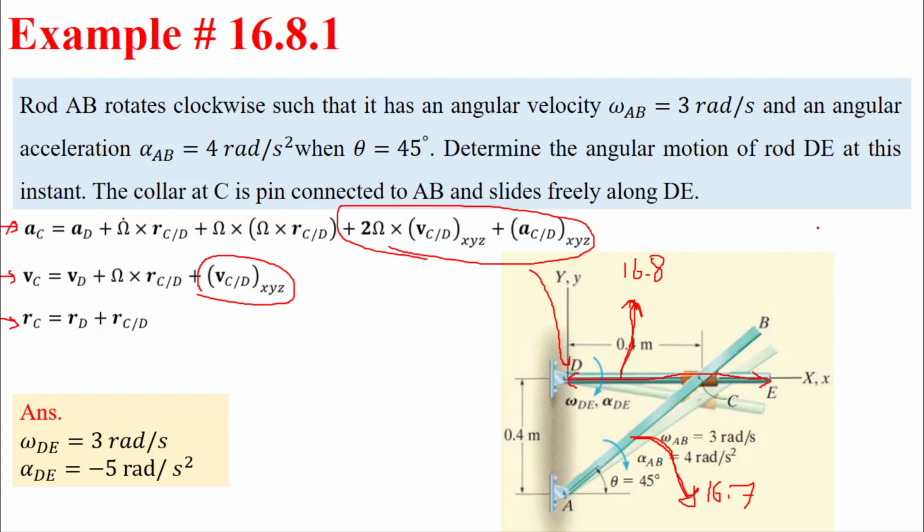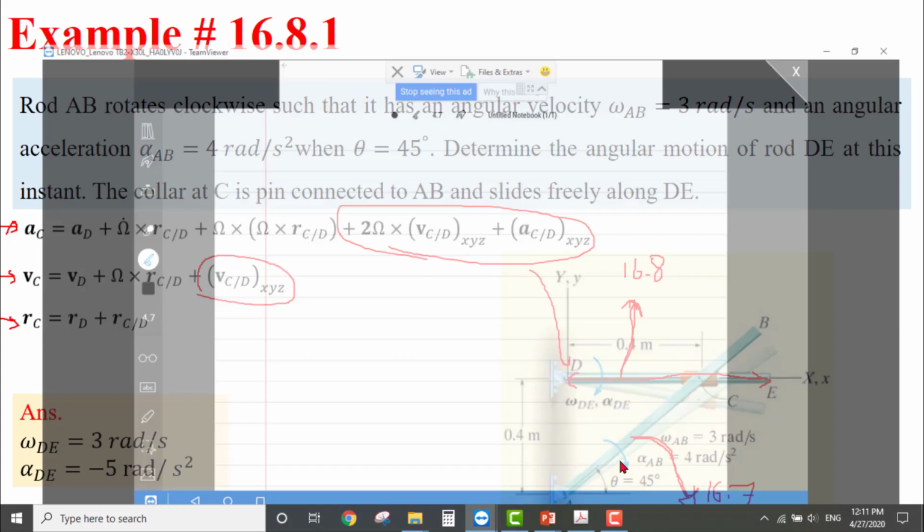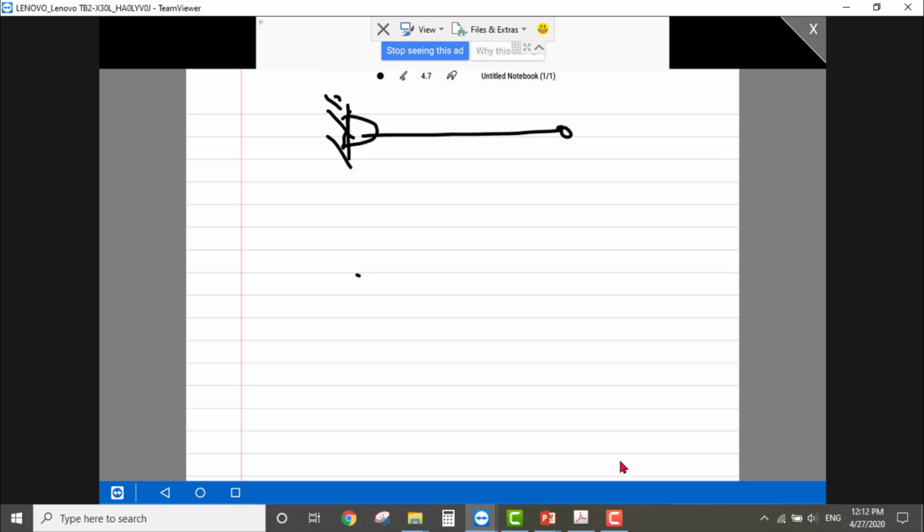Let's now move to the solving board. Here's the solving board, and let me first start by writing the given information. Actually, the total length of the pipe is not important to us, because we are looking only until we reach the point where the slider is located.